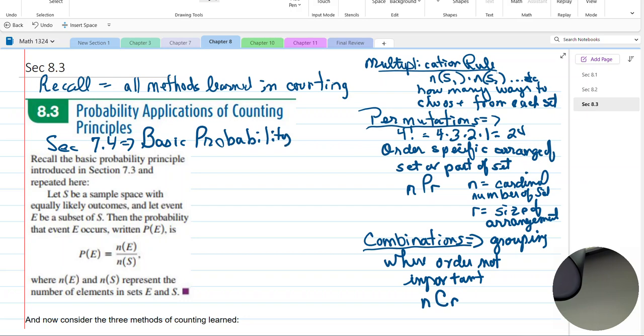And what this does is it gives us our quantities of involvement, and then finding out how much of a chance of something is occurring.